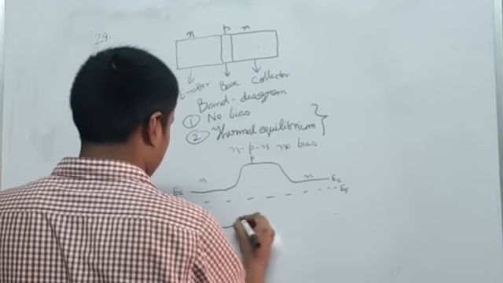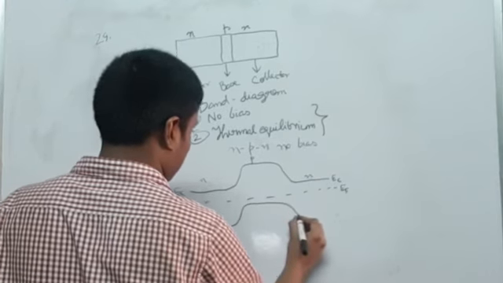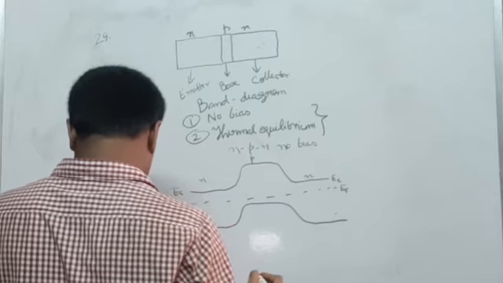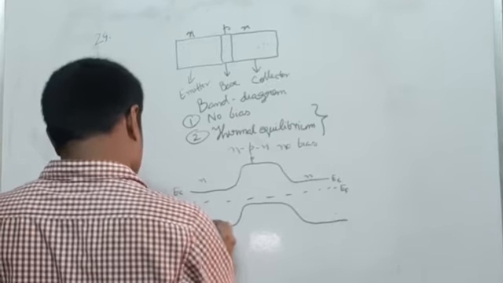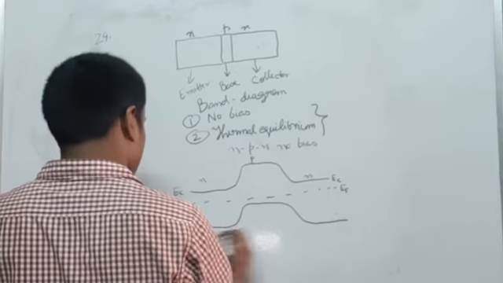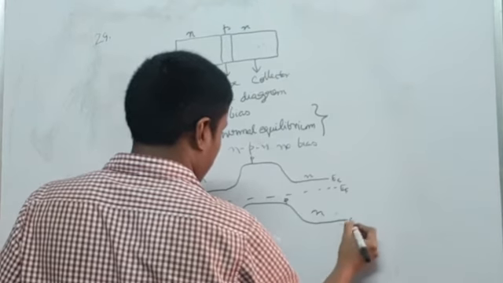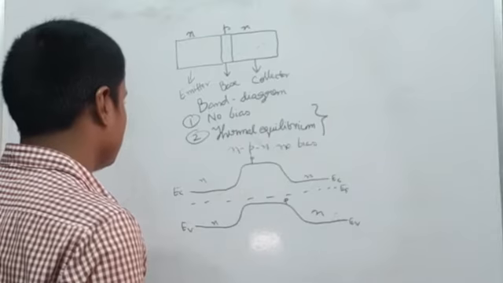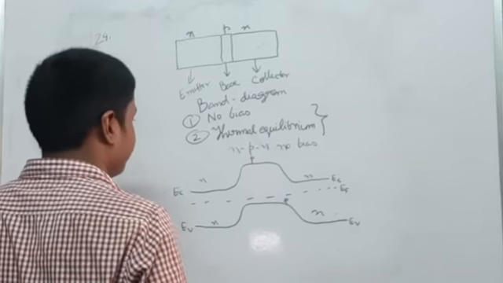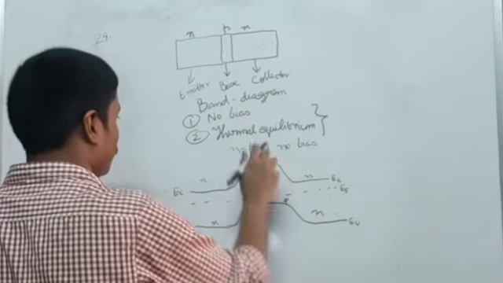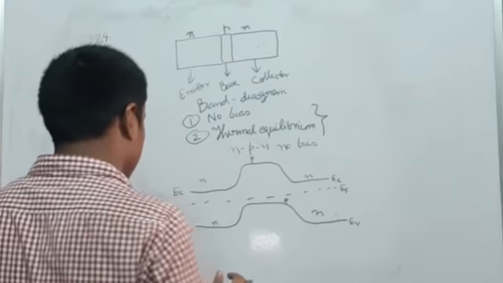The valence band is lower for N, higher for P, and this is what the band structure looks like at no bias, zero bias, thermal equilibrium condition.